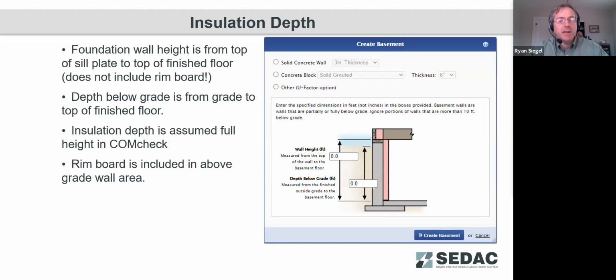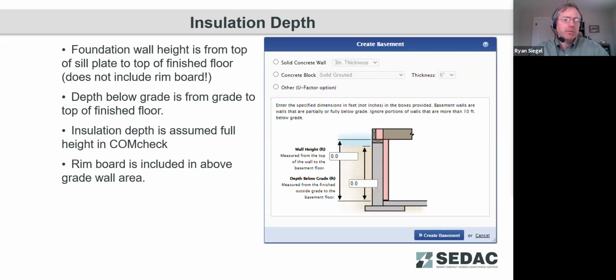You can see that the depth below grade starts from the grade level and then goes down to the top of the finished floor level there. So this helps by giving a good illustration of some of these definitions. Also noting here that the rim plate is not part of the wall. That is actually part of the floor above.